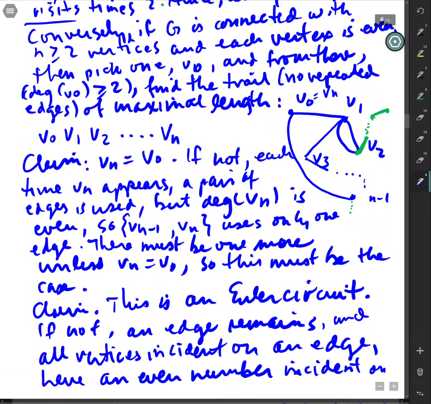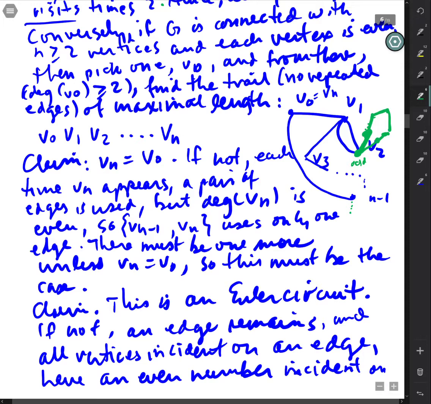So what happens if there is an edge like this, then if we start here, we will have an odd number of edges left after we use this first green one here. And if we proceed in the same way, we hit a vertex here, well, its degree is even, because we've left an even number of edges there after using an even number of edges, and we can always proceed out of that, and we can create another trail that has to end back up at that vertex there, the one that I've called V2 here.